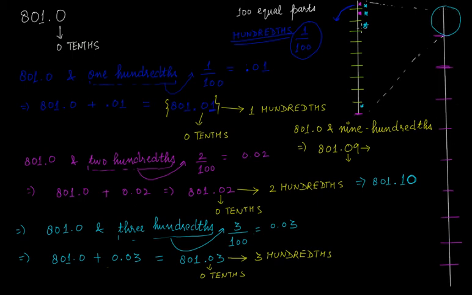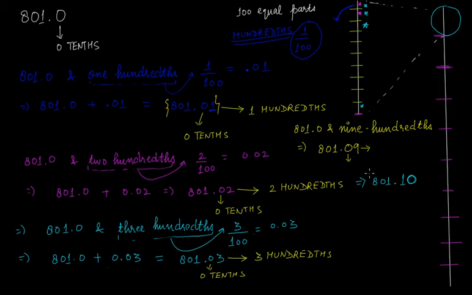Each 1/10 of the segment is divided into 10 equal parts. If after 801.09 you are given this section also, now you are having this whole 1/10 of this entire line segment. Therefore, now you will be having 0 hundredths, because now it has become 1/10.